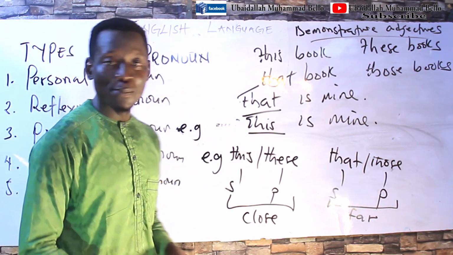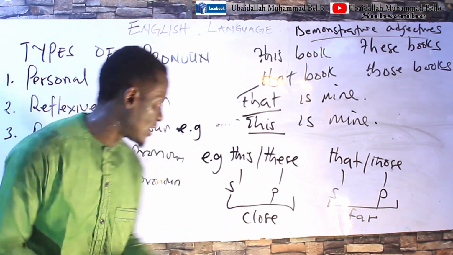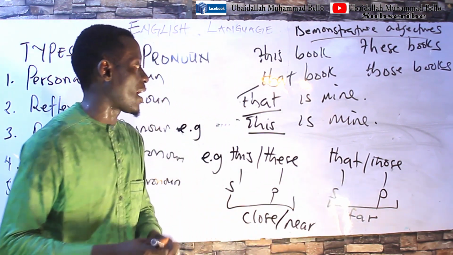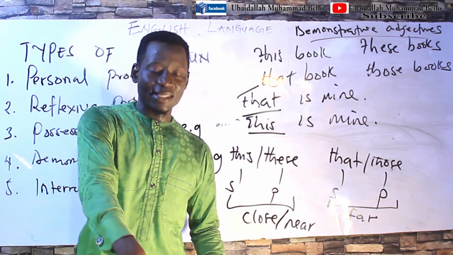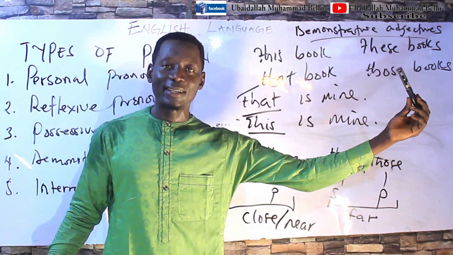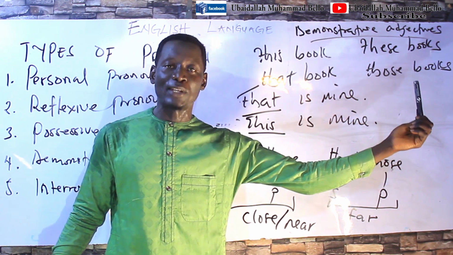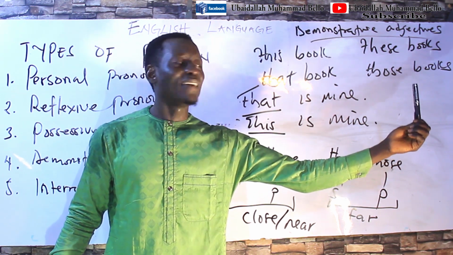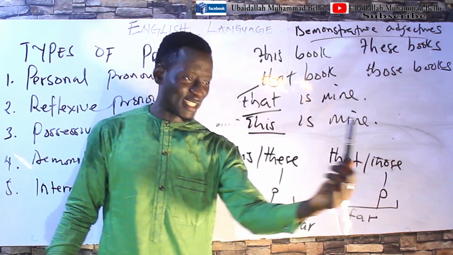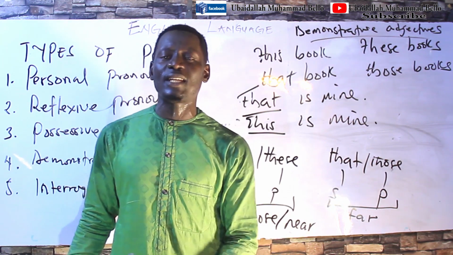We differentiate them from this sense I have given: close or near, and far. If you say this is mine, for instance, if I'm holding this marker, it is just close to me because I'm even holding it. If I say that is mine, I'm very wrong grammatically, because it is close to me and I'm even holding it.